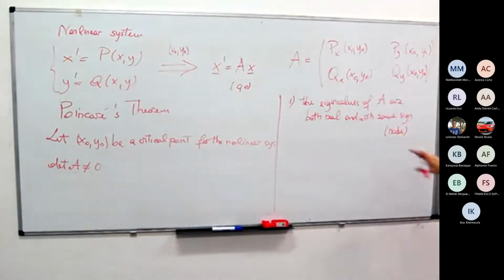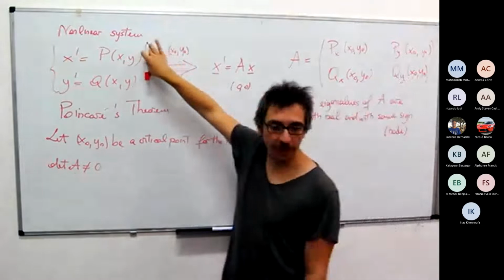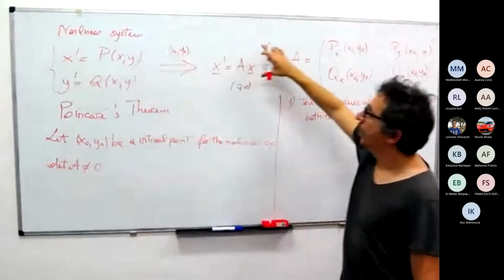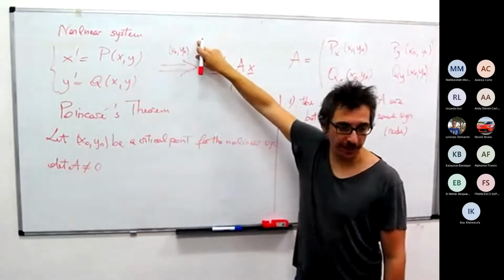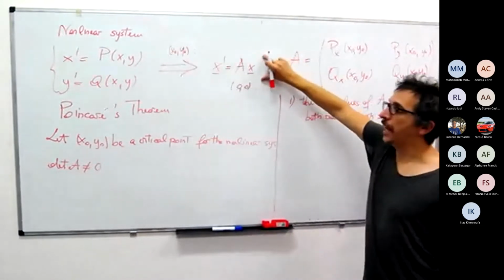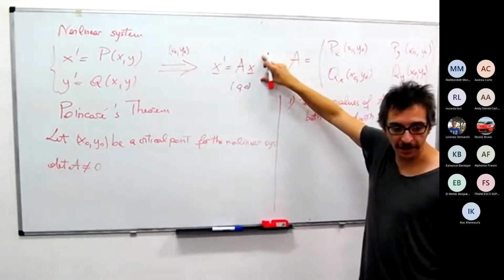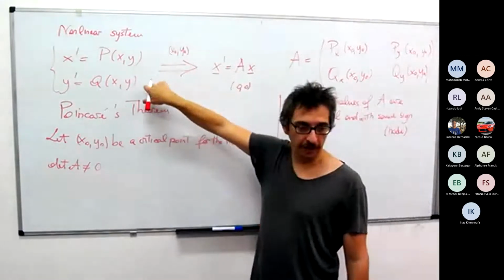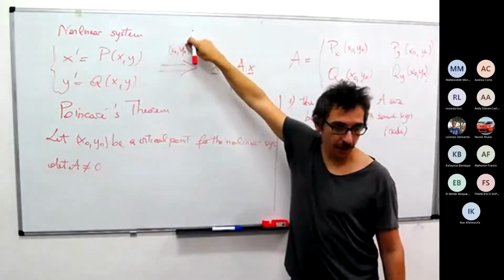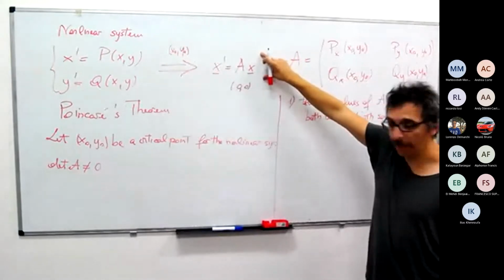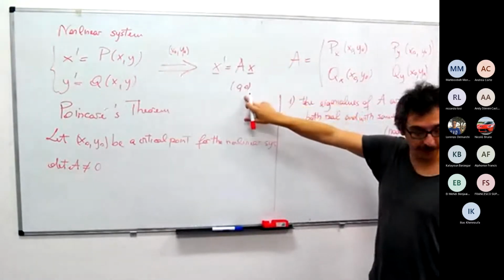So, the idea is that I'm starting with the nonlinear system. The nonlinear system has a critical point in X naught Y naught. I calculate the linear system associated with this one, the linear system around this X naught Y naught. The critical point of the linear system is 0, 0.